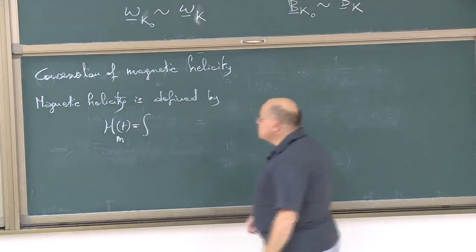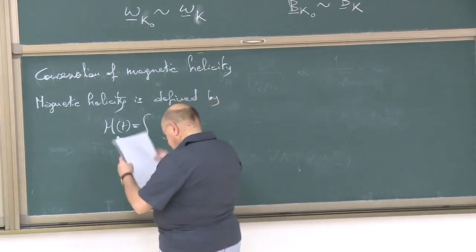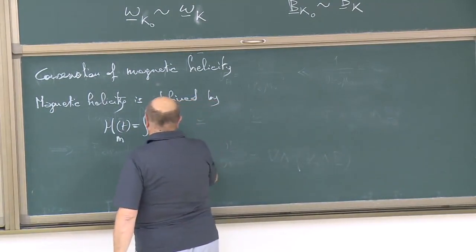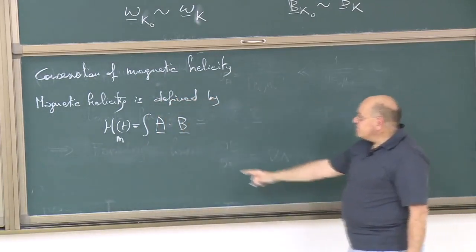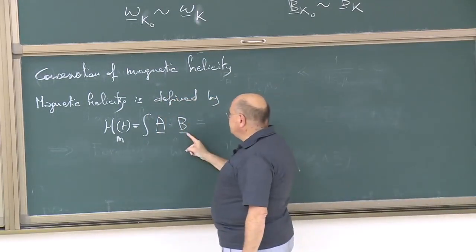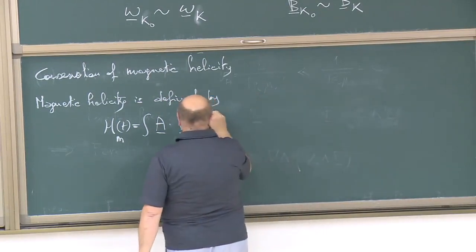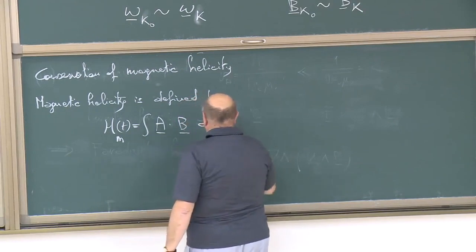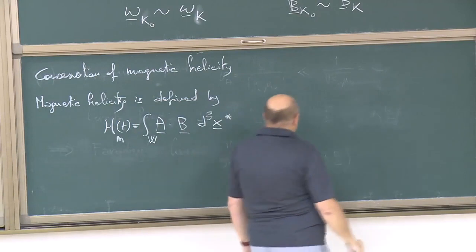In this case, it's useful to refer to the magnetic context, and the magnetic context as A times B, where A is the vector potential of B. This is in the domain of B, and before I forget, I will put here a W.